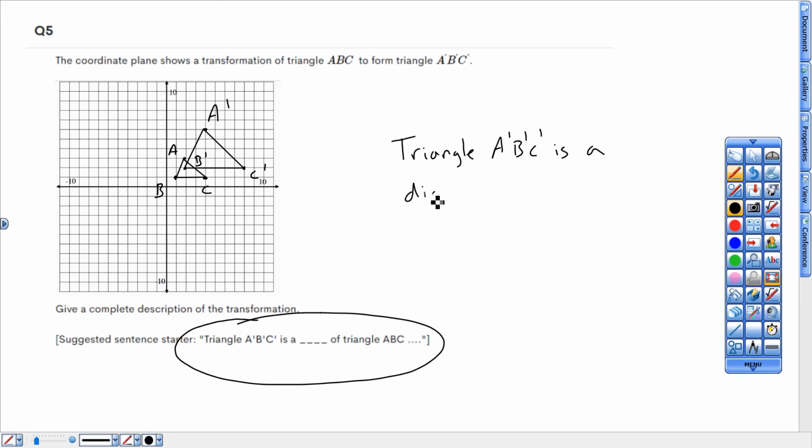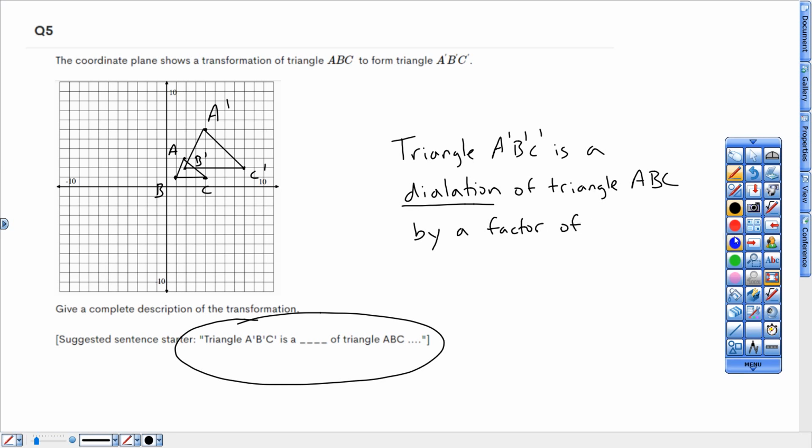This is a dilation because it's getting bigger. It's not flipping, it's not spinning, it's growing. A dilation of triangle ABC by a factor of, and it's whatever number I'm timesing by.